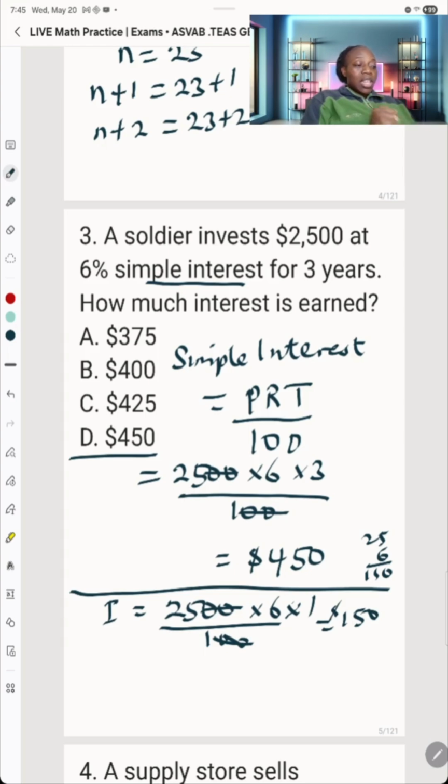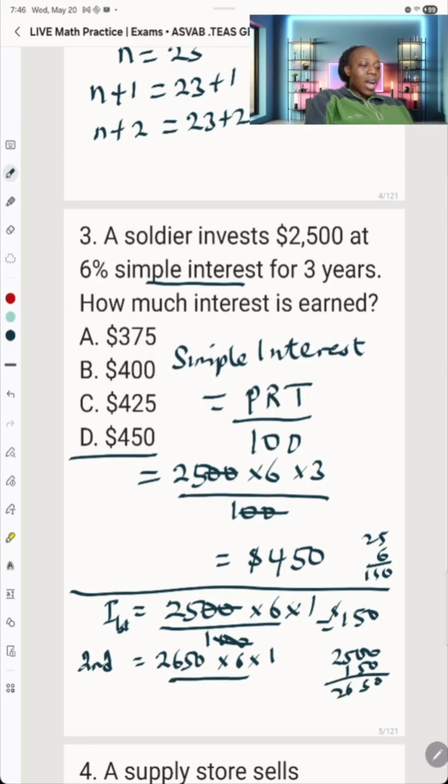Then the second year, this is the first year. So for the second year, it will be what? 2,500, and 150 will be added to it. So P will now be 2,500 plus 150, that's 2650, multiplied by 6 times 1 over 100.